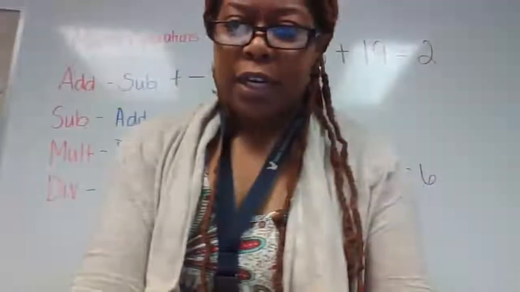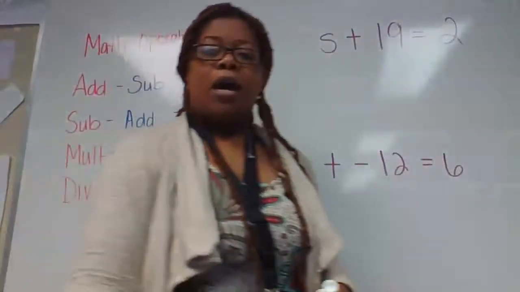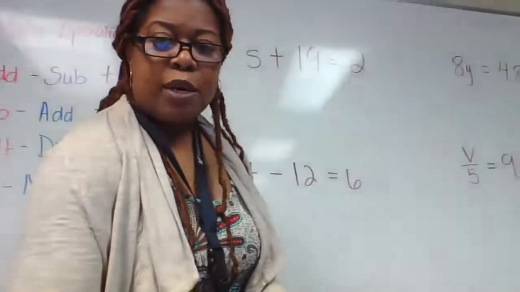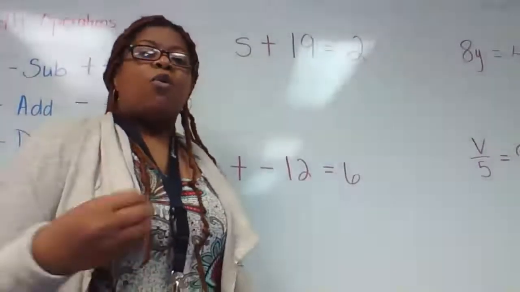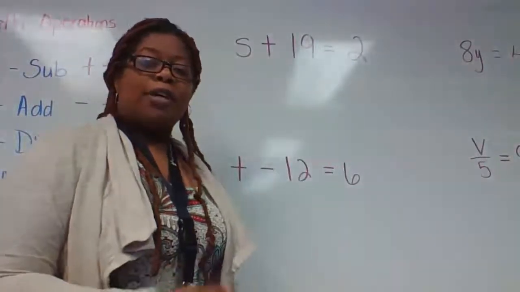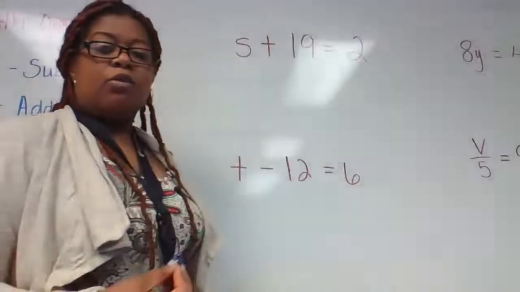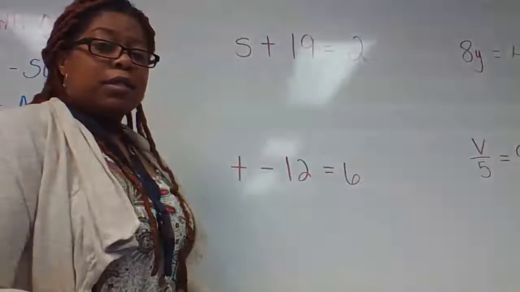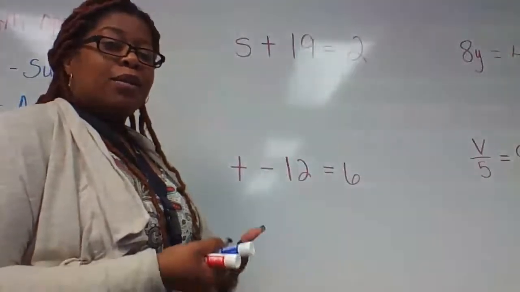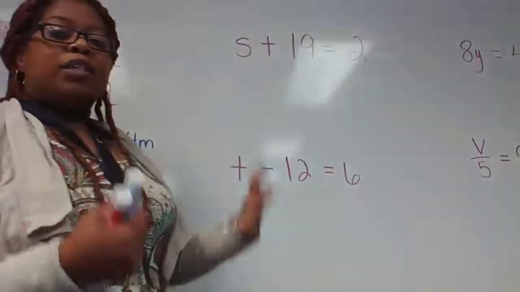So let's get into it. Let's try some practice problems. In class, I gave you all some questions to ask. The first question that you should ask yourself is, what is the original operation of this problem? When we look at s plus 19 equals 2, the original operation is addition.